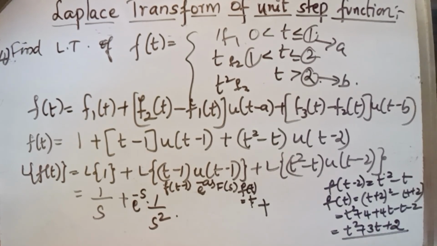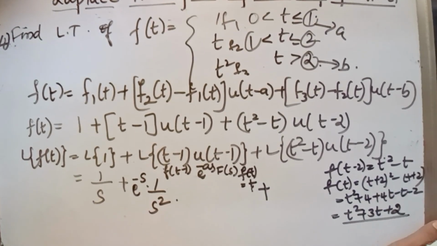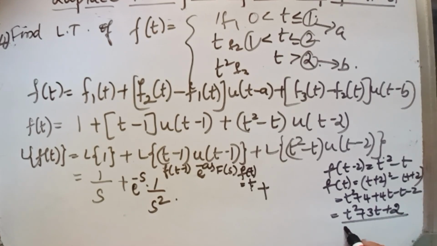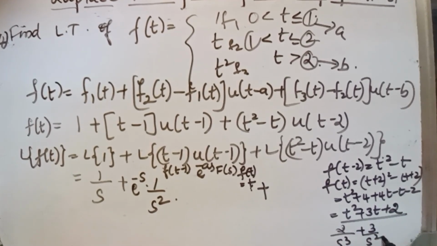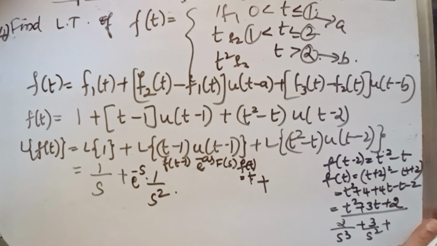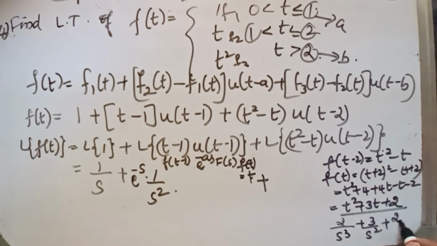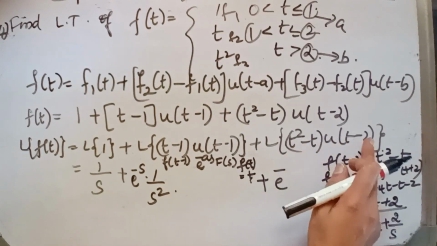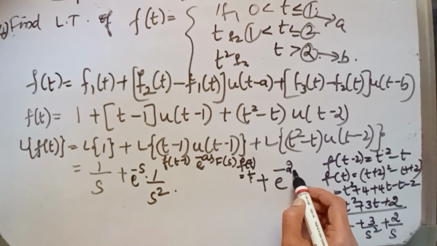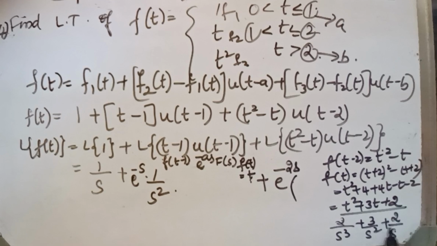You have to get the Laplace transform of this now. What is the Laplace transform of t square? 2 by s cube, plus 3t gives 3 by s square, plus the Laplace transform of 2 is 2 by s. You have to write that here, e power minus as, where a is 2, into this full term.